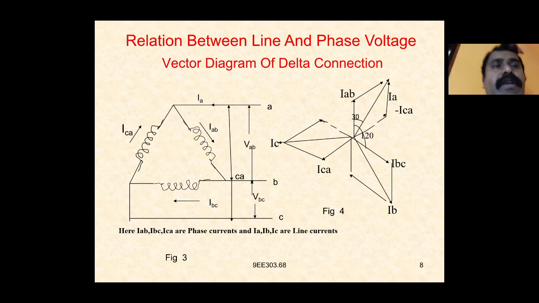Here is given the relation between the line and phase voltage, the vector diagram of the delta connection, where the current is divided.